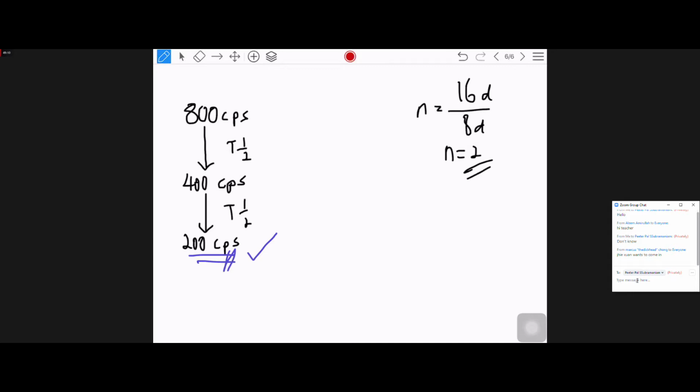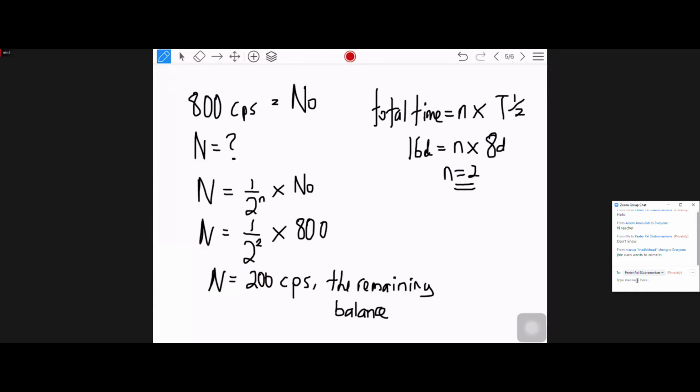Anyone got any questions? If you have questions, you can ask now. This one uses the formula. This is the initial amount, and you look for the final remaining balance. And this is another formula.